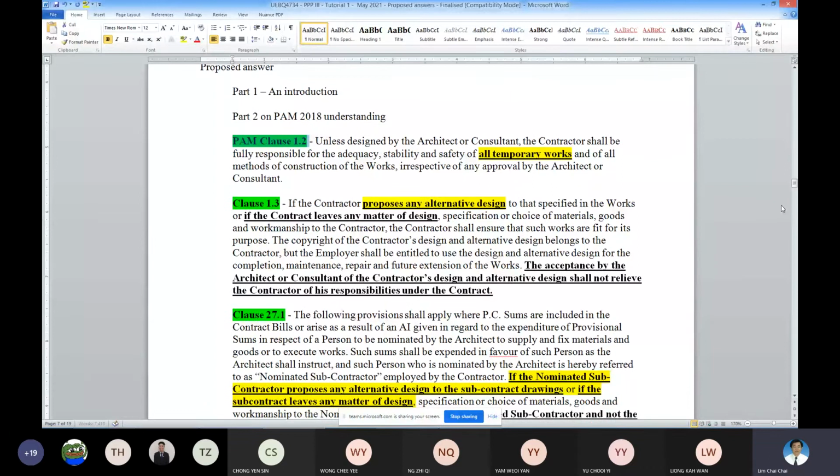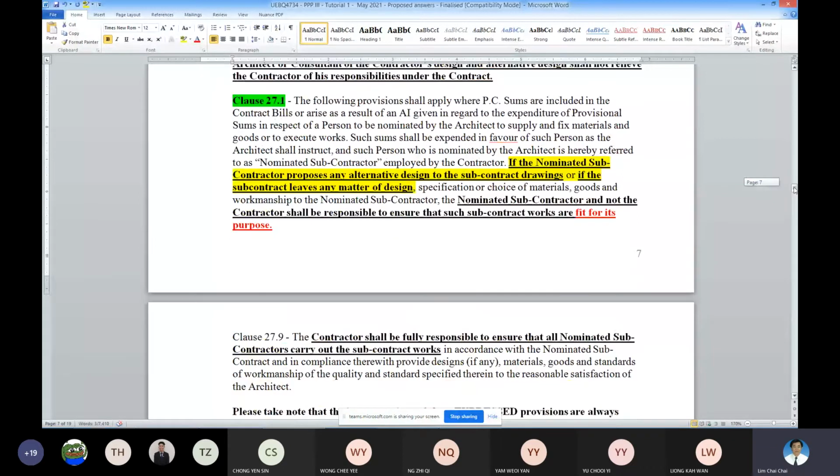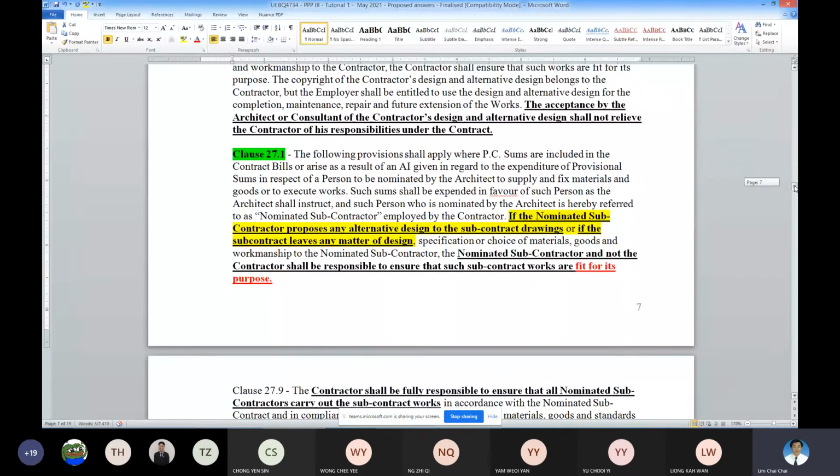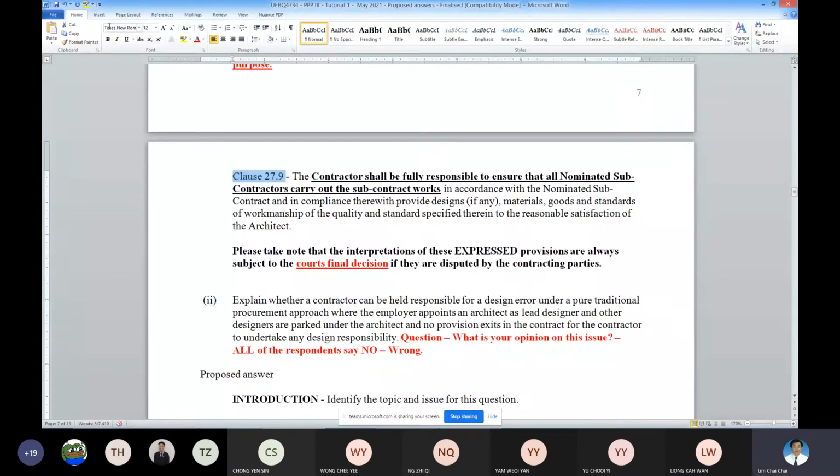Okay, and then if you want to elaborate further, you bring up 27.9 in relation to your NSCs. Why do you bring this up? Because it tells you who is liable. The contractor shall be fully responsible to ensure that NSCs carry out the work. That's one of them. So the NSCs must comply with the provided design, because the NSC is taking over the alternative design.